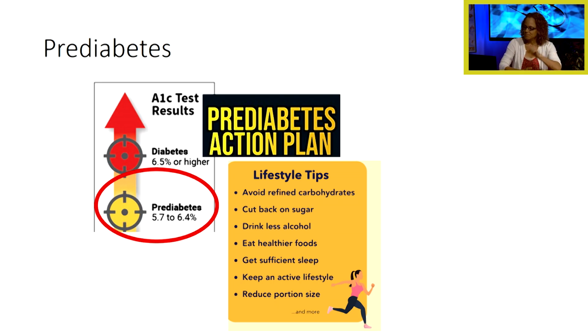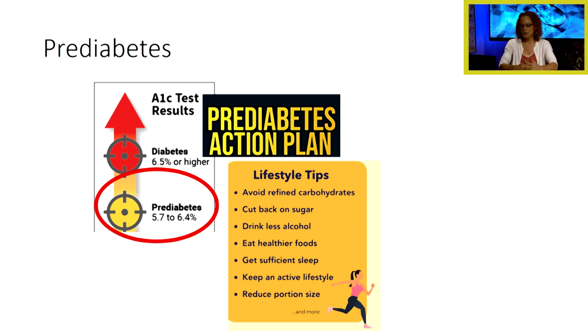So they would be avoiding refined carbohydrates. Krispy Kreme donuts are an example of a refined carbohydrate. We would want them to cut back on their sugar intake, drink less alcohol, eat healthier foods, get good sleep, keep an active lifestyle, and reduce the portion size when they are eating. So lifestyle tips obviously here that involve diet and exercise and probably stress reduction, okay?